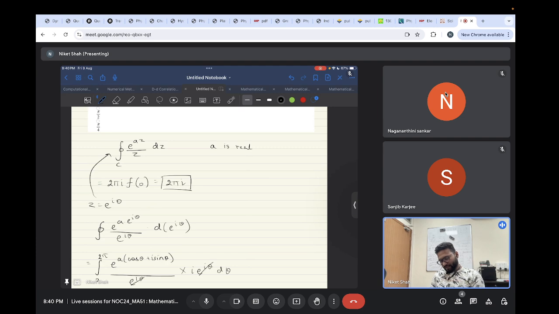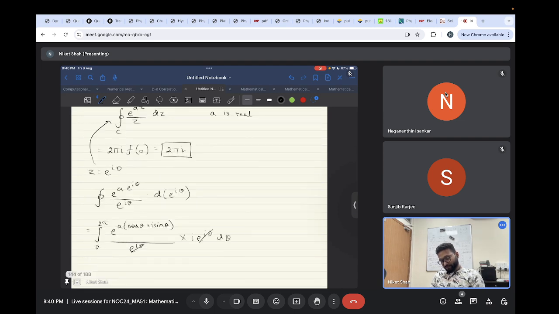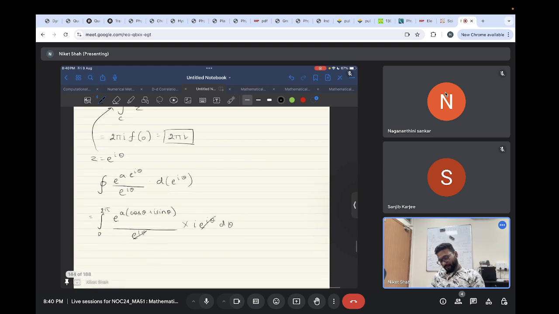So this gets cancelled. So integral 0 to 2 pi d theta e raised to power a cos theta multiplied by cos of a sin theta plus I sin of a sin theta.